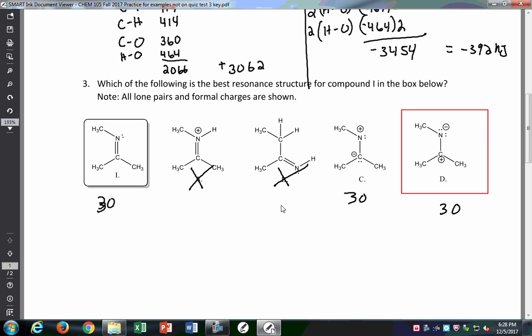But in this structure, carbon has a negative charge and nitrogen has a positive. Nitrogen does not have an octet. In this structure, carbon doesn't have an octet and nitrogen does. Carbon's positive, nitrogen's negative. Nitrogen's more electronegative than carbon, so the better resonance structure is D. Because the definition of electronegativity is that it attracts electrons.